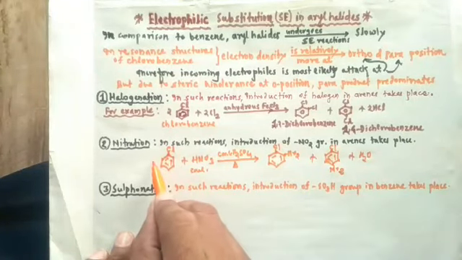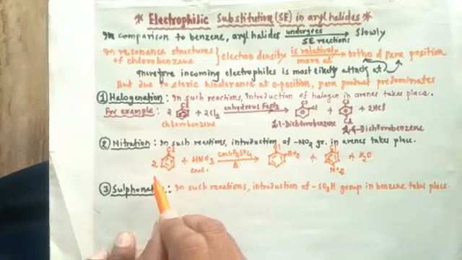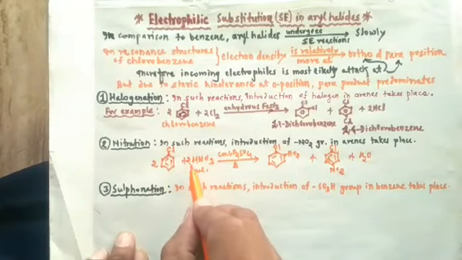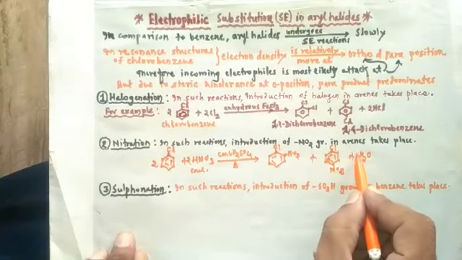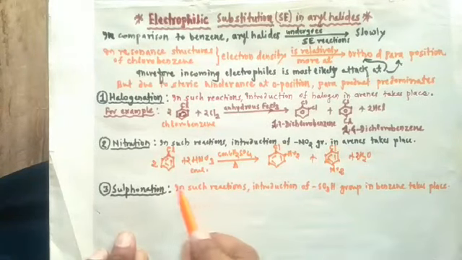So to balance this reaction, we have to write here 2 moles of chlorobenzene, then here also 2 moles, and here also 2 moles of H2O.